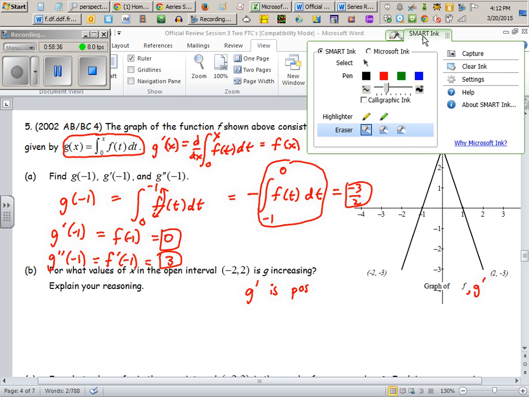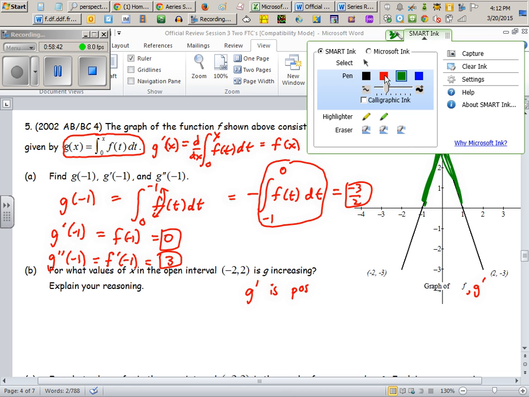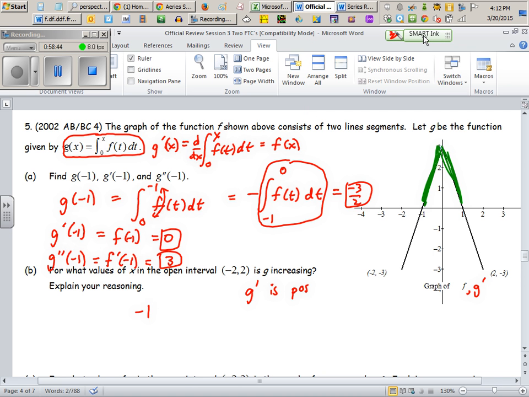So we're looking for the aboveness on this graph, right? I like to call it aboveness. So what interval does that happen on? Right, -1 to 1. Now you have to explain your reasoning. So you would say g is increasing on the interval -1 to 1 because, what's our reasoning?